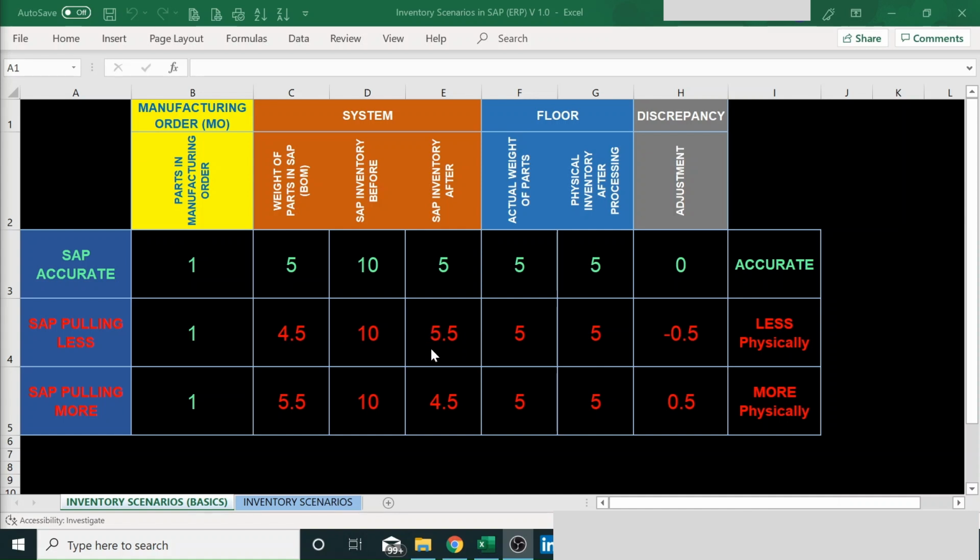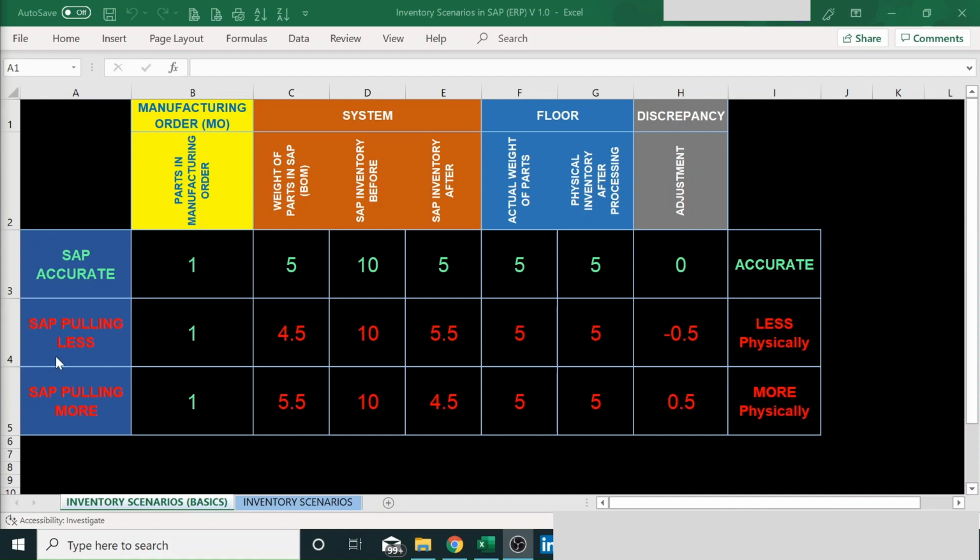That's according to the system. Reality is we are consuming 5 instead of 4.5, and physically we have 5 instead of 5.5. So what's the adjustment? We need to bring this down a half a pound to make it reflect reality.